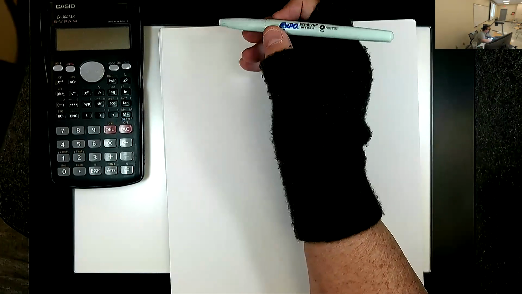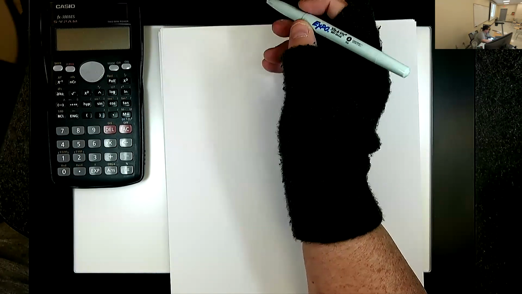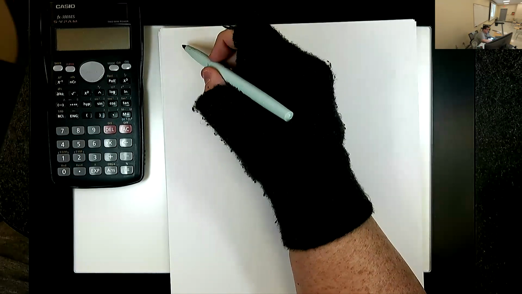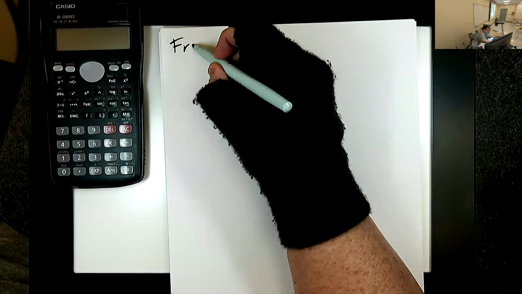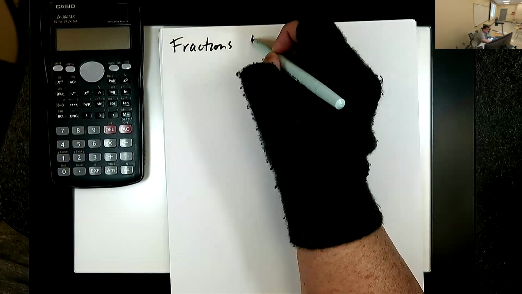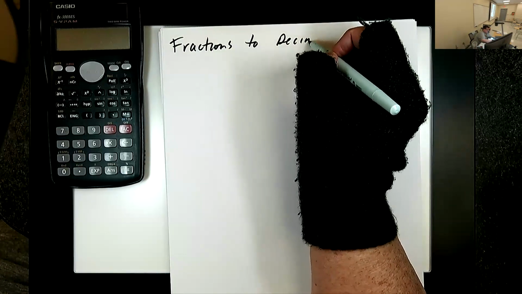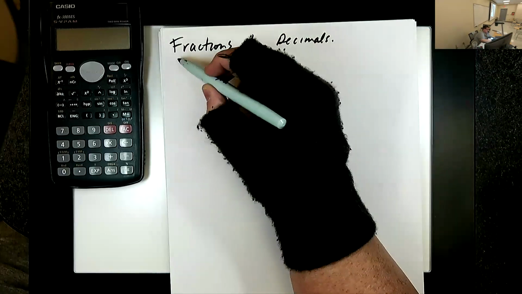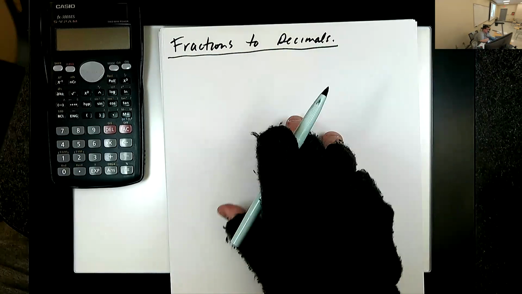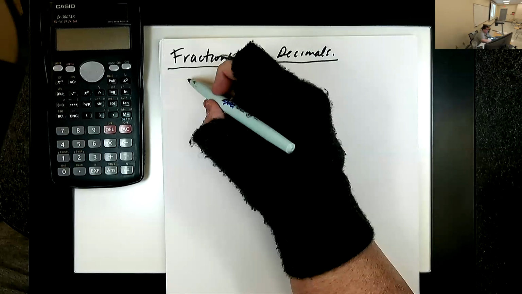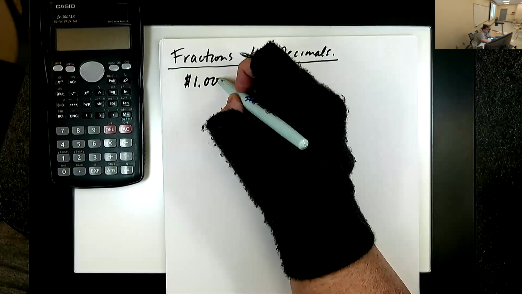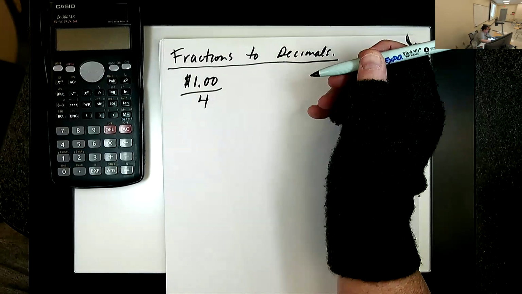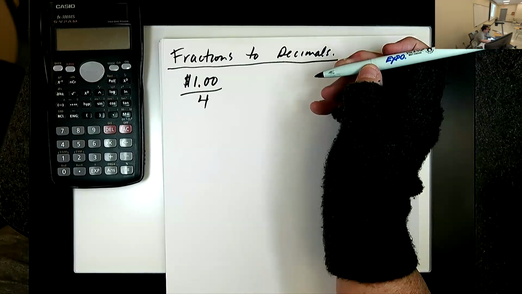Try. All right, so that's enough of fractions. We will have more of it a little bit, but that's all the operations with fractions. Let's talk about doing fractions to decimals. We're going to start off real easy. What's $1 divided into 4 pieces? It's a quarter, right?